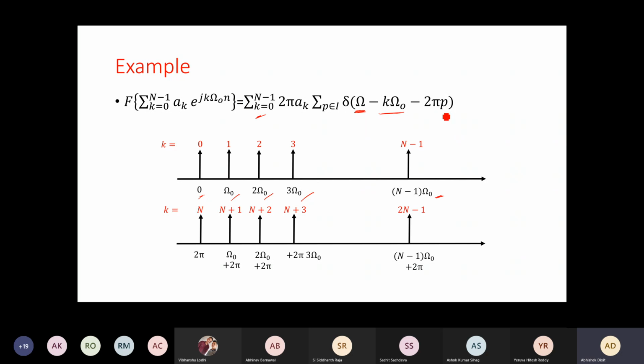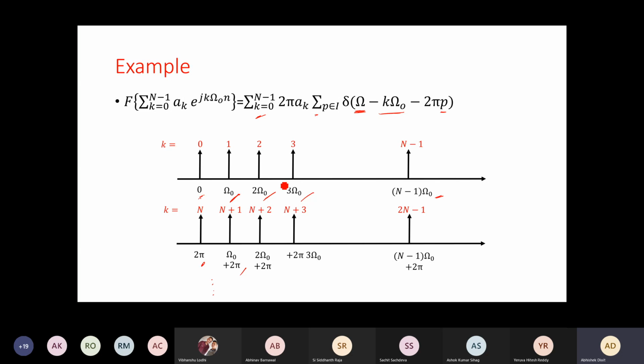Then because of this p, what will happen? There are two summations. Because of this p, this impulse at omega naught will be shifted to omega naught plus 2 pi. So there will be a new impulse. And subsequently, there are many more impulses. I am just looking at two cases.